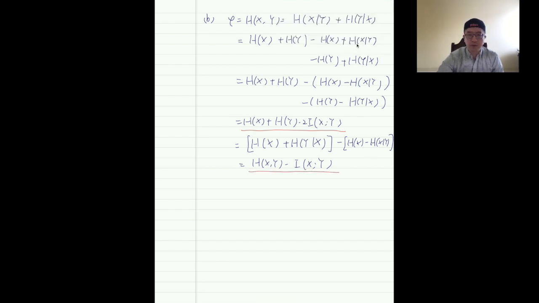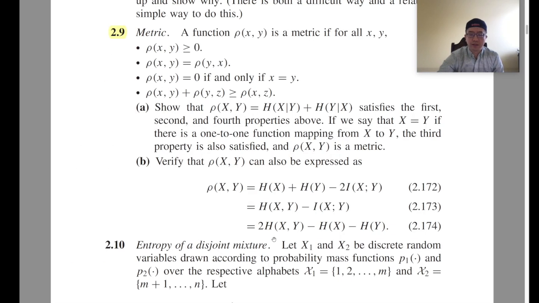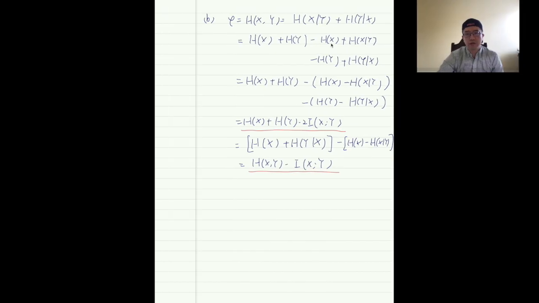Okay, and let's see what the last identity is. The last identity is basically this term, 2 times that minus this minus that. Let's see how we can get that. Here again we can start from here as well. Basically we have two joint entropy terms, so one is that, and then we can combine the other two.